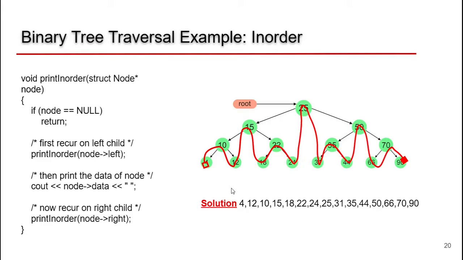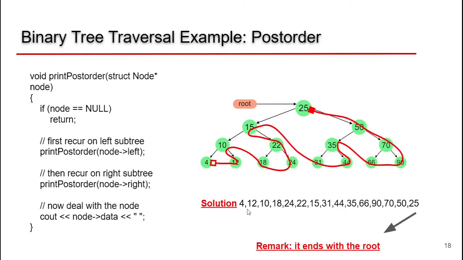Can you answer this question? Can you try to answer how you can check if the sequence is in-order, pre-order or post-order, very quickly? If it ends with the root, you know that this most probably will be the post-order.